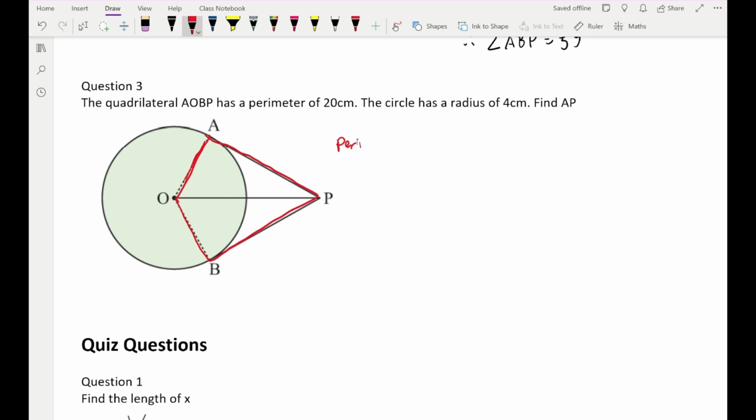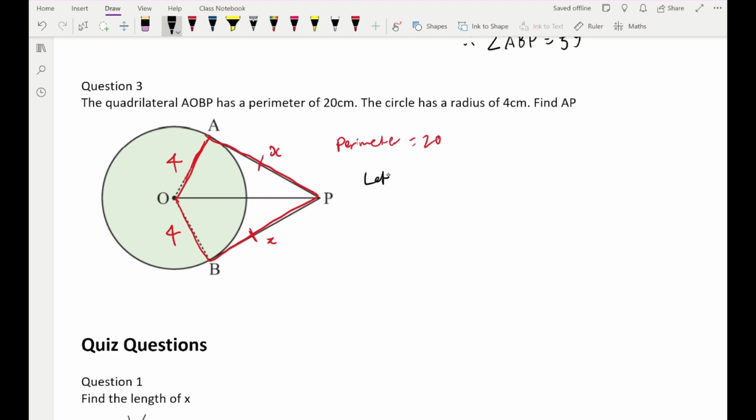And the perimeter equals 20. Cool. So we know a few of these sides already. The circle has a radius of 4. And also from the tangents from a point theorem, we get that these two are the same. Let's call that x.